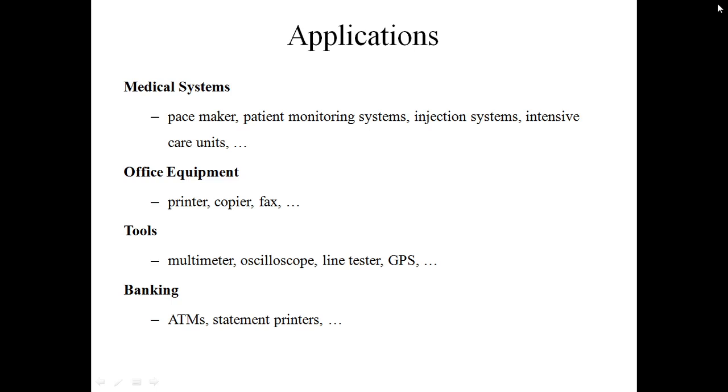For example, medical systems. Many kinds of medical equipment can be developed with embedded design and embedded controllers, because nowadays most medical equipment is developed with concern for low power consumption, high optimization, increased speed, and optimized size.